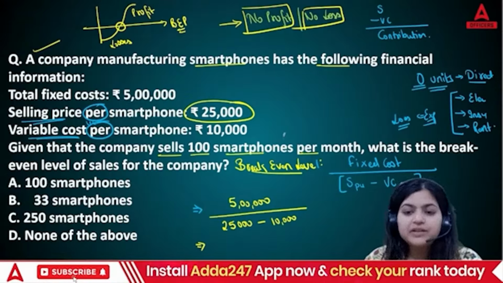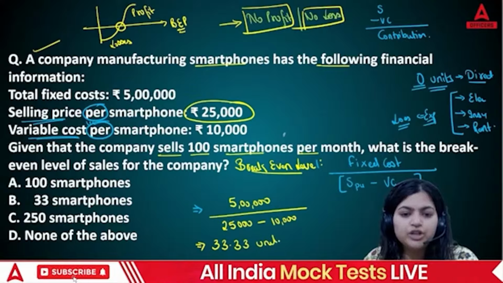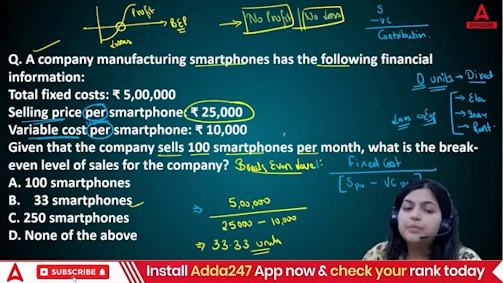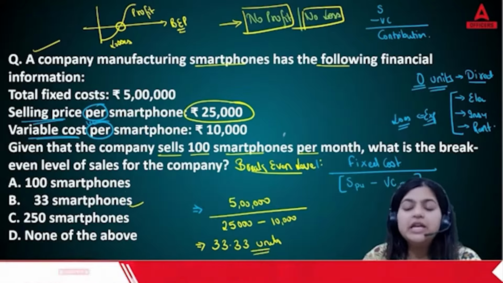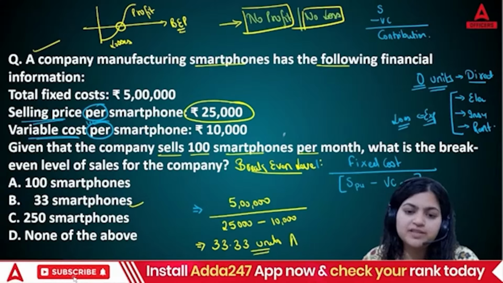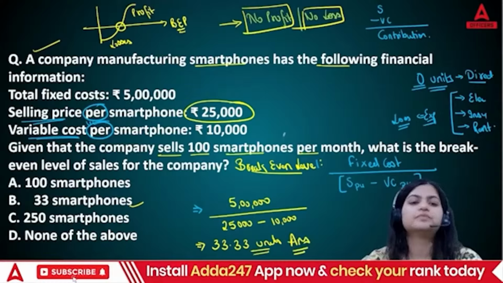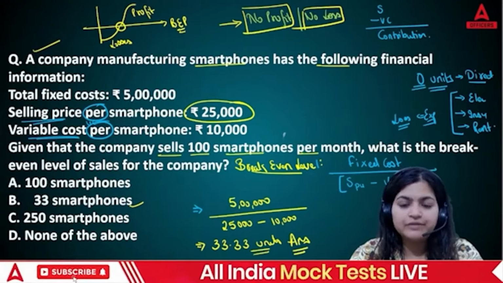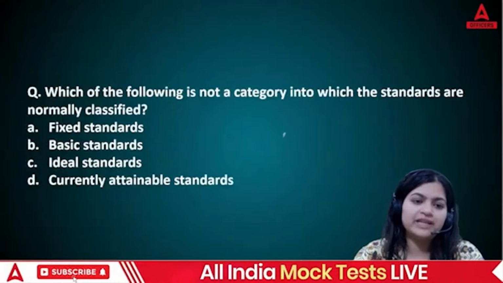So per smartphone, you are going to see 33.33 units. So if you are dealing in 33 smartphones, you will be generating this break even level, means no profit, no loss. So this is your answer. This is how we need to calculate break even level. Chaliye, coming to next question.